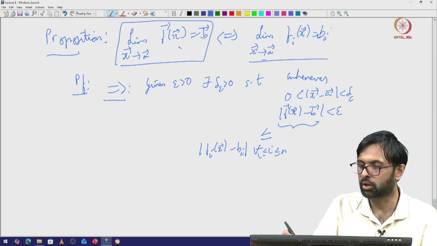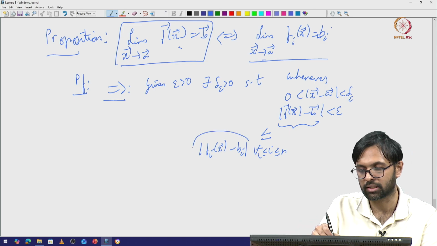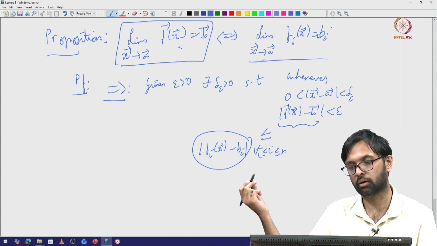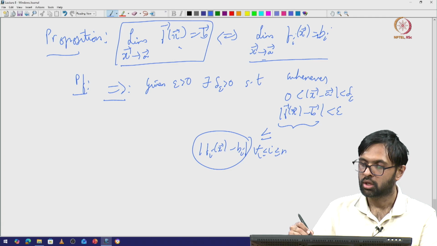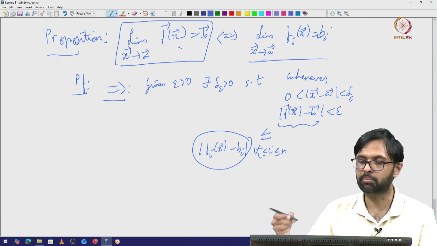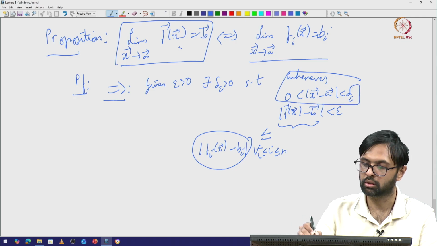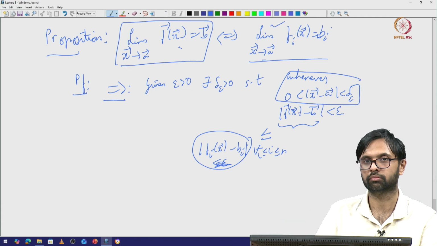Why? Because this is equal to the square root of these things squared, so of course you can drop the others and get an inequality. So in other words, given epsilon greater than 0, there exists a delta so that whenever this happens, this is less than epsilon, because this is less than this and this is less than epsilon. So by definition, this is true.